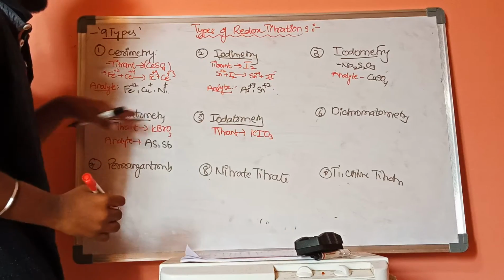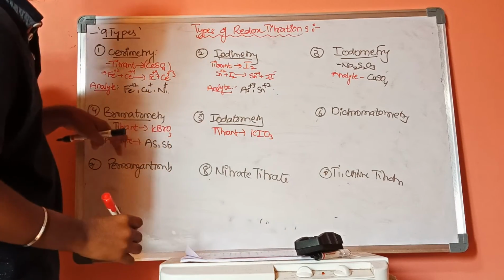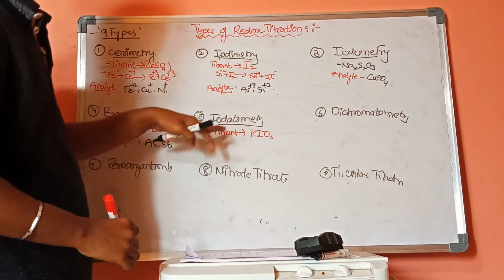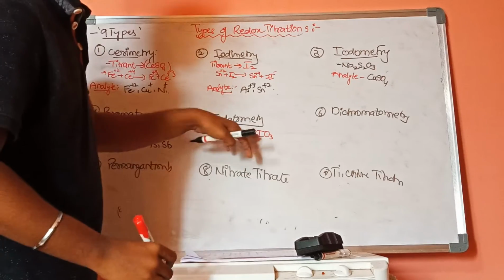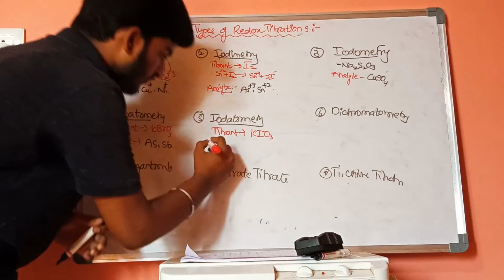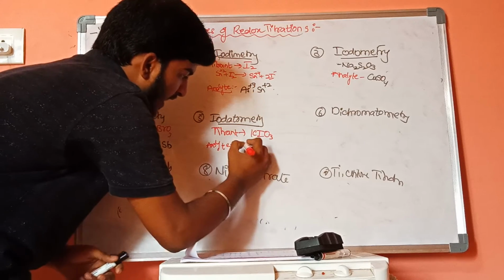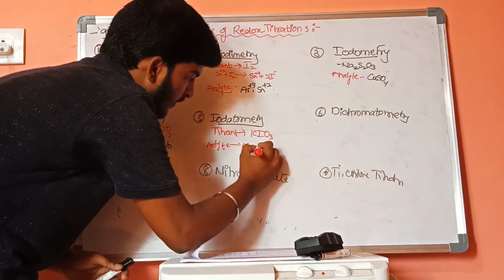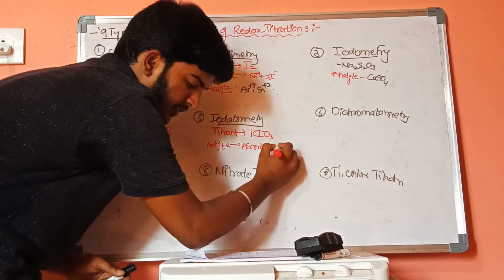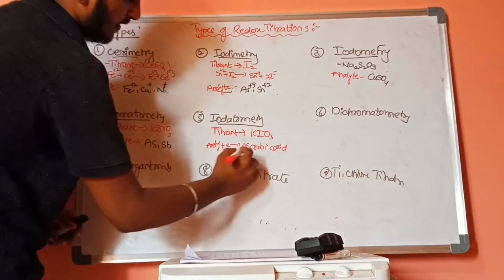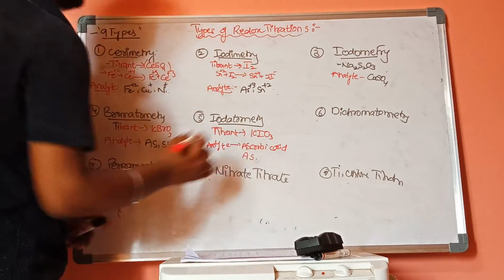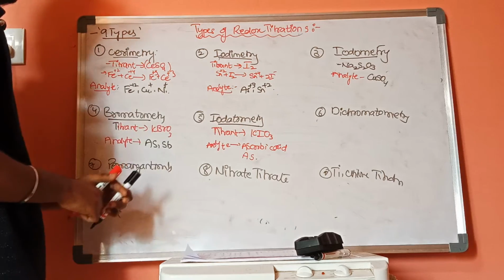It is similar to bromatometry: in bromatometry we use KBrO3, in iodatometry we use KIO3. The analytes are ascorbic acid and arsenic. This is about iodatometry.